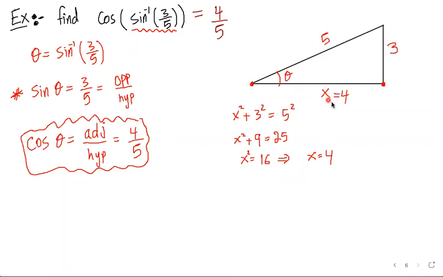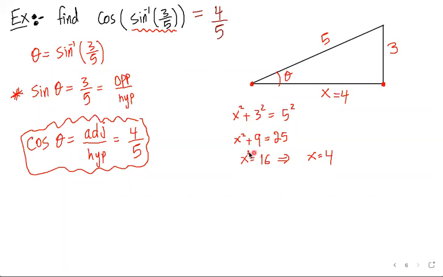Now we have to find the value for this side. To find it, I have to use the Pythagorean theorem. The Pythagorean theorem says x square plus 3 square equals 5 square. So x square plus 9 equals 25. Subtract the 9 from both sides, I get x square equals 16.